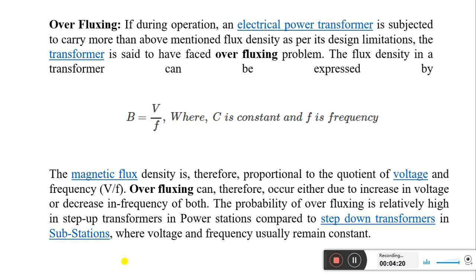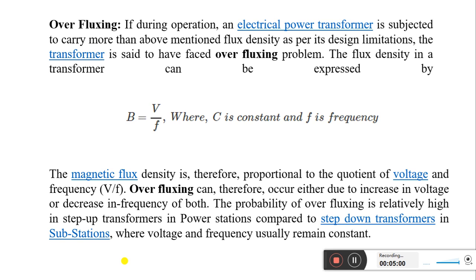So what does it mean? This overfluxing problem can happen if the voltage increases or the frequency decreases, and the probability is relatively higher in step-up transformers in power stations compared to step-down transformers in substations, because in substations we install step-down transformers, and in those the voltage and frequency usually remain constant.